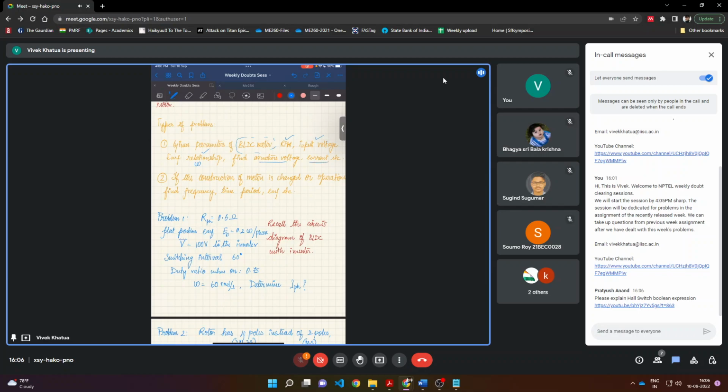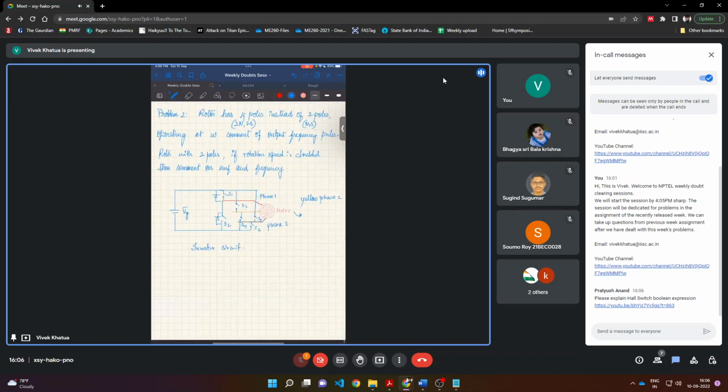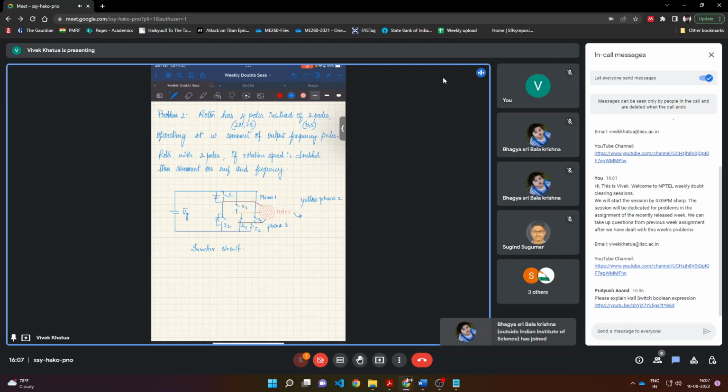So, what is armature voltage as compared to a brushed DC motor or a permanent magnet DC motor that we had covered last week? Here, at any given point of time, two phases are activated at once, right?